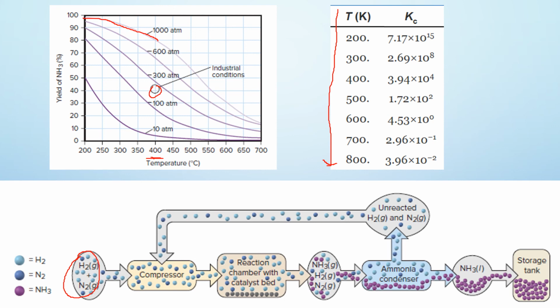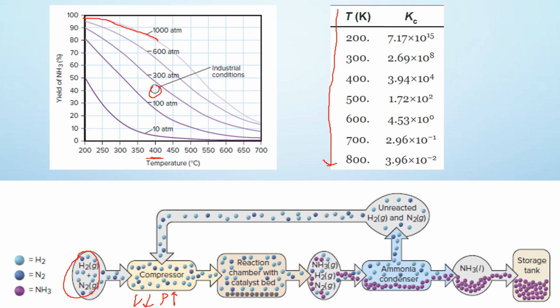So that's recommended by the stoichiometry. First we pump these reactants into the compressor. So we compress the molecules, right? So we decrease the volume or increase the pressure. That's what we want, because that will increase the percent yield of ammonia.